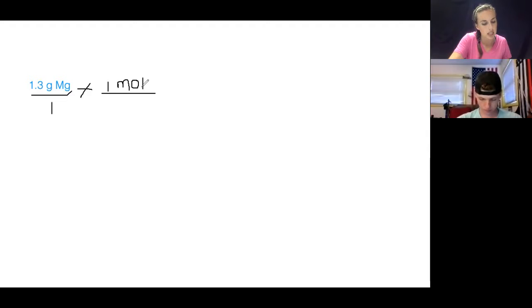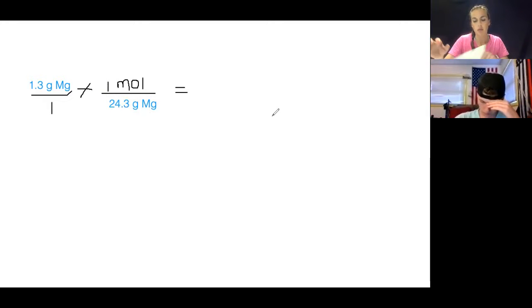And you should see there are 24.3 grams. And once you multiply or divide that out, it'd be 1.3 divided by 24.3. You'll get 0.053 moles of magnesium.